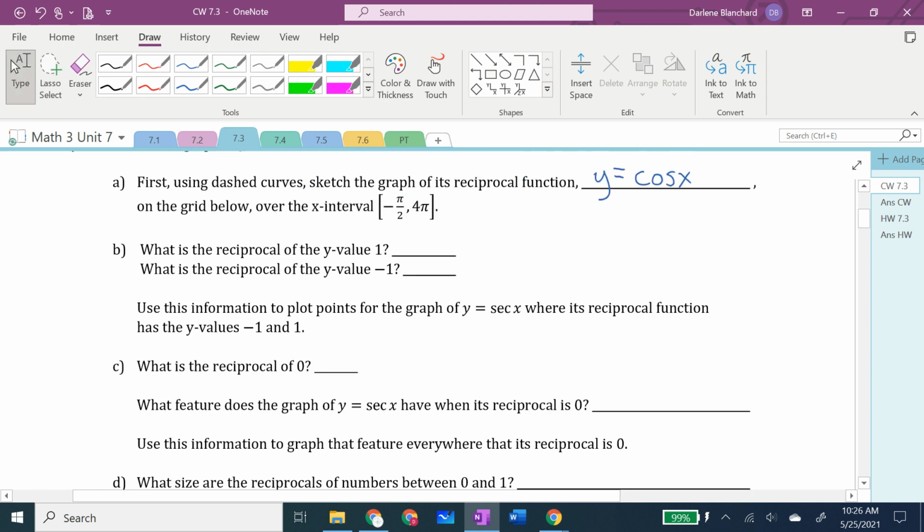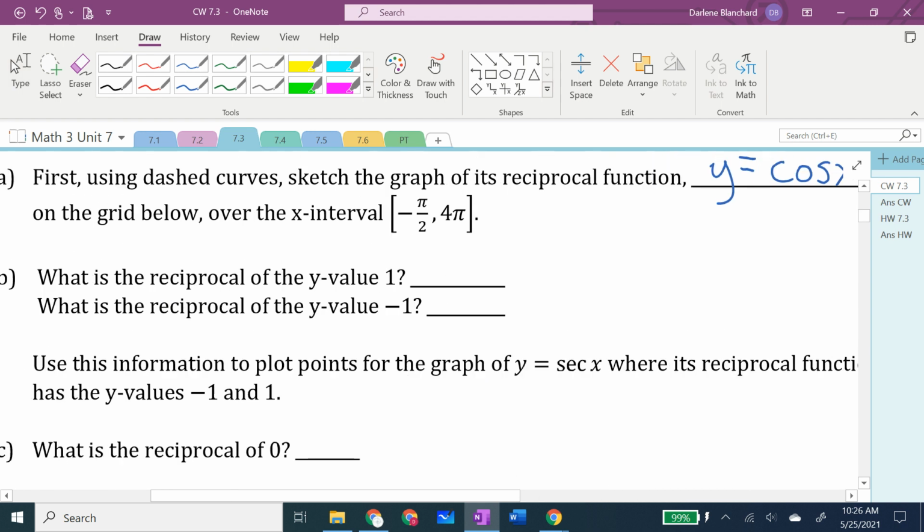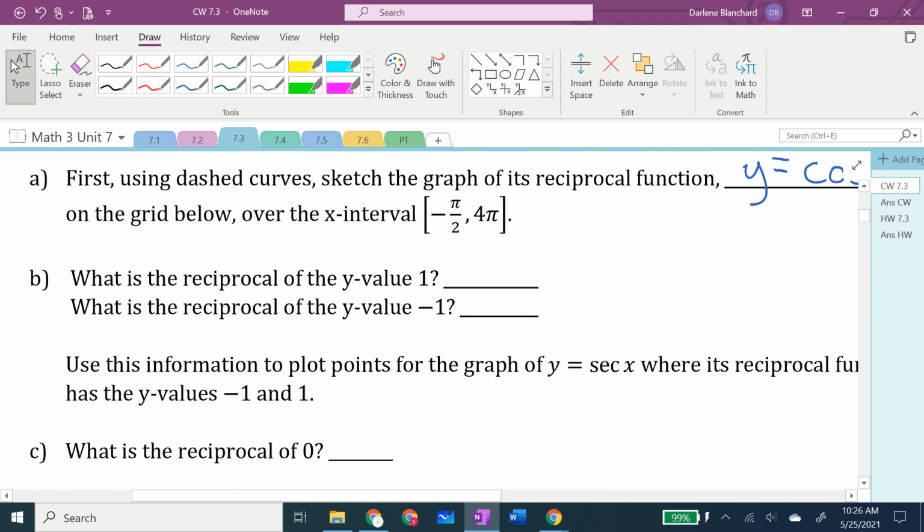I have a lot of questions here, and it's meant to get you to see the numbers of how cosine, all of its values are reciprocating. So when cosine is at its peak, its y value is 1. But what's the reciprocal of 1?